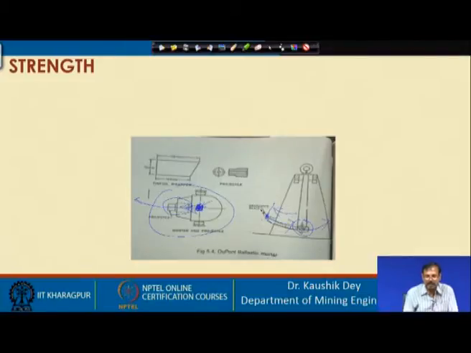So, basically, in a nutshell, this is a pendulum in which a ballistic mortar is placed.